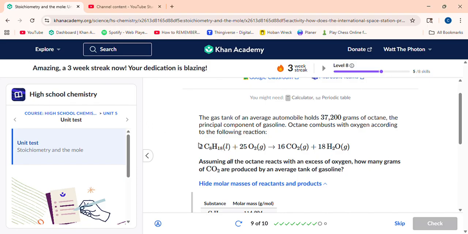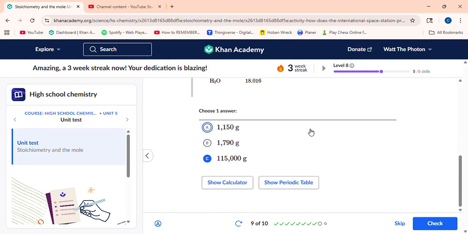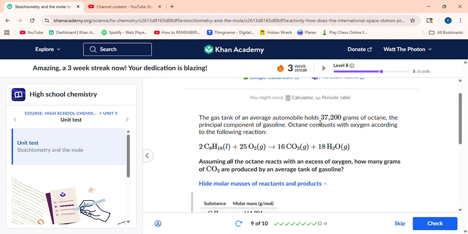And this reacts to make all the CO2. How much CO2 is produced? So I guess we'll divide this number by 2, multiply times 16, and then multiply times the molar mass of carbon dioxide, which is 44.01, is 115,000. Does that make any sense?